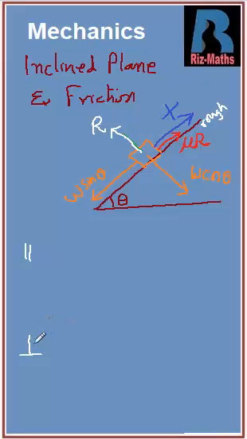Perpendicular to the surface is a very simple equation, and that will be force acting outward is equal to the force acting inward. So in this case R is the outward force, that is equal to the inward force, which is W cosine theta.